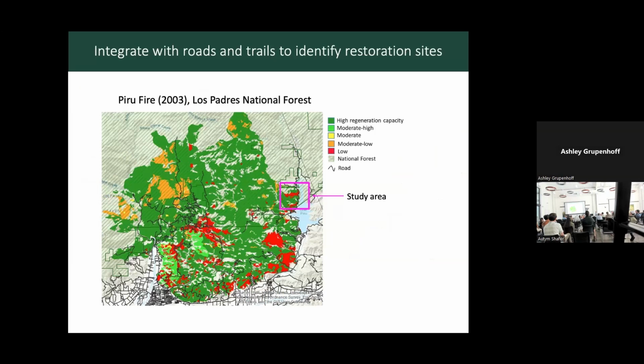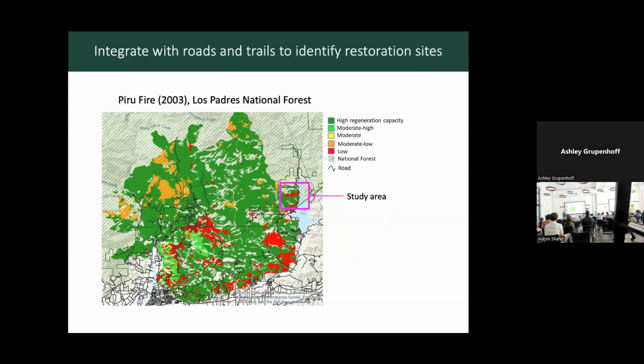Another thing is to integrate the outputs from the tool with roads and trail data to identify restoration sites. So we ran the tool for the Pyru fire to just see which areas would be recommended, but when we overlaid the roads and trails, it did pick up on the area that Shane had decided on originally.